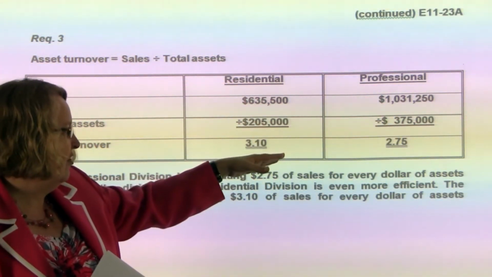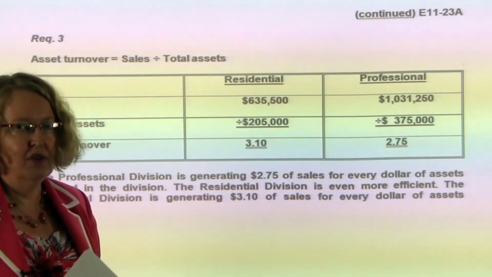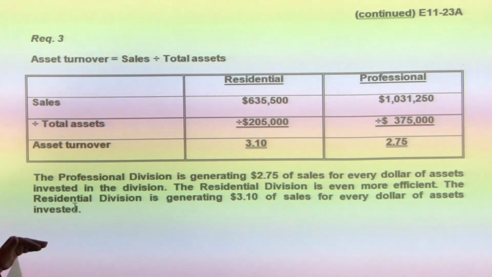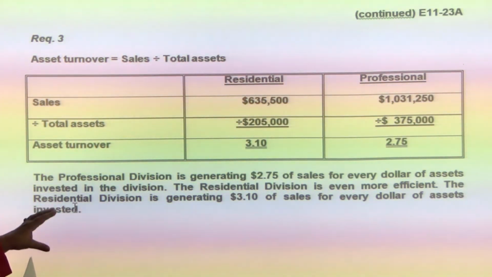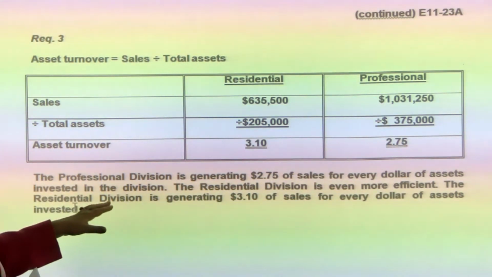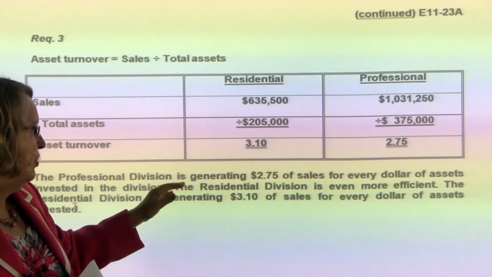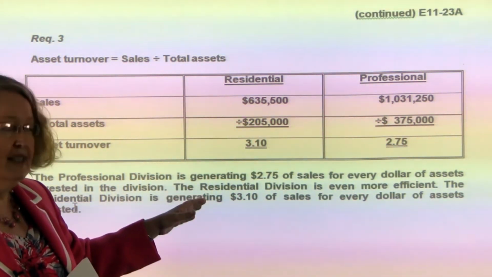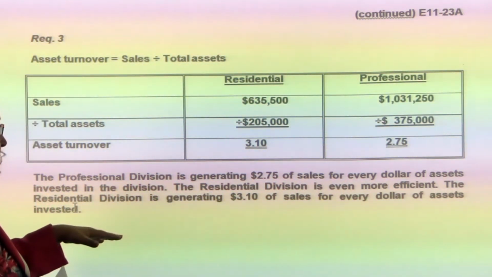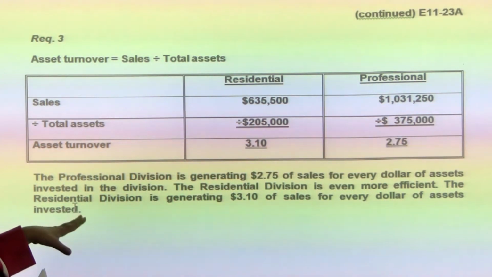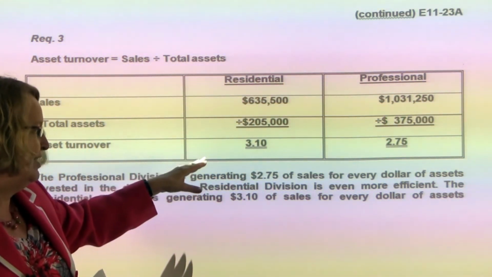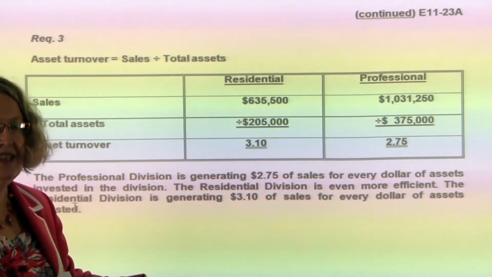And do the same thing for professional, and that will give you a turnover of 2.75. So here what you're seeing, the result of this is telling you that the professional division is earning $2.75 in sales for every dollar of assets. Whereas residential is even more efficient. They're actually generating $3.10 for every dollar of assets invested.